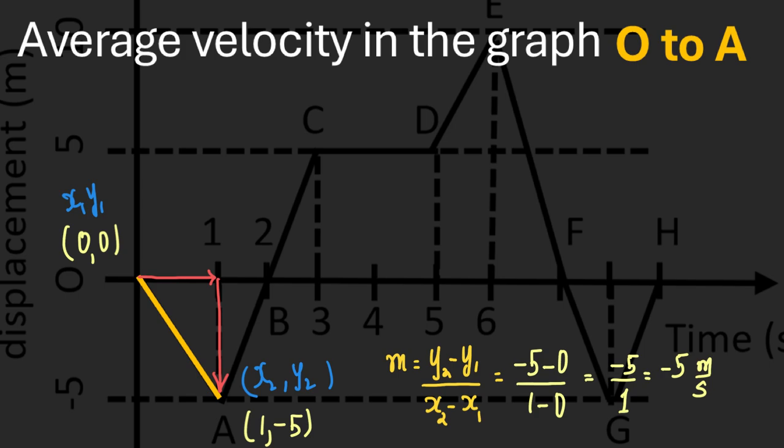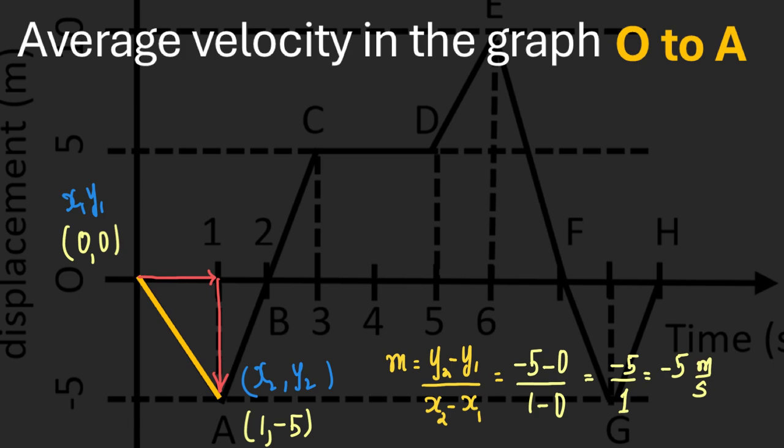Okay. So please make sure you complete the other points as well, maybe from O to C, O to F, O to G, O to H, F to H, F to G, G to D. Try to complete all these parts and figure out what the average velocities are and what you can infer from them. Okay. And I have a question for you.